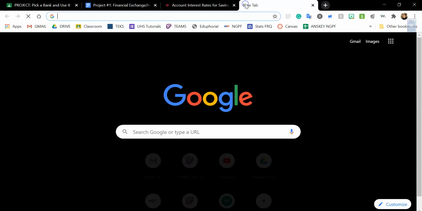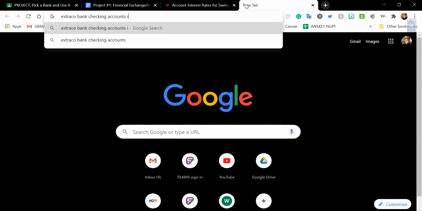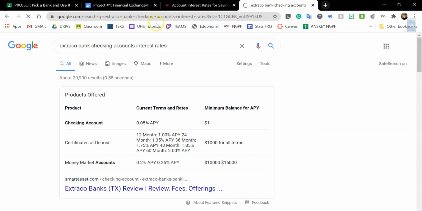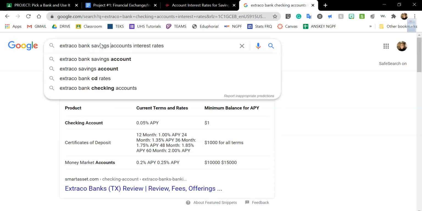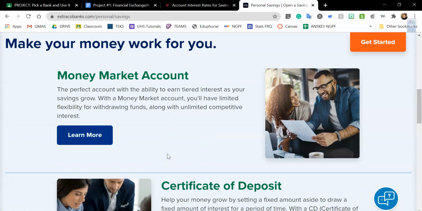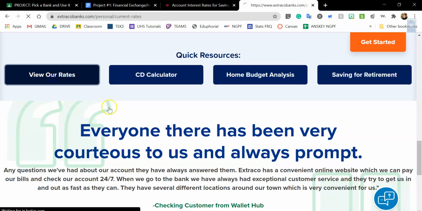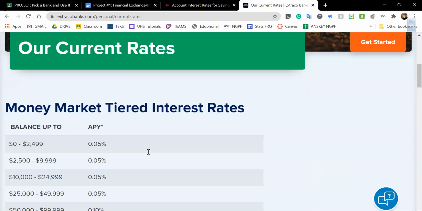So like if you do Extraco, they have a variable interest rate, I think. So their interest rate on their checking account is 0.05, but you can also do a savings account. And so some of these places, you'll have to look and see and search through.